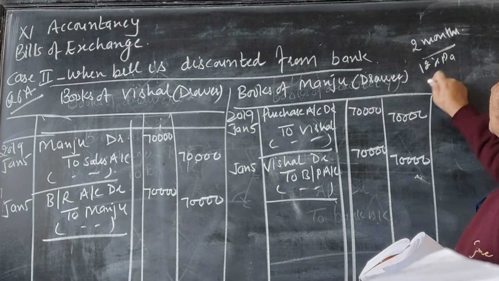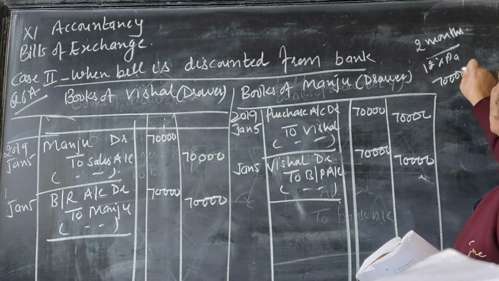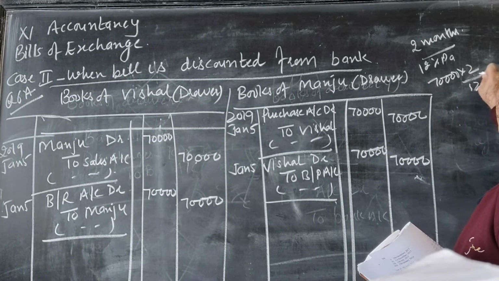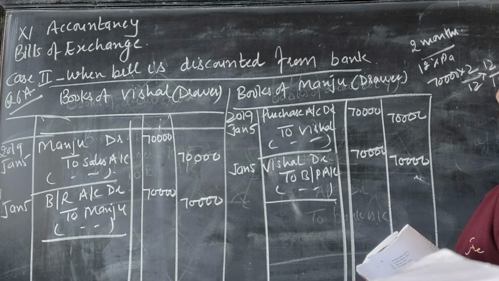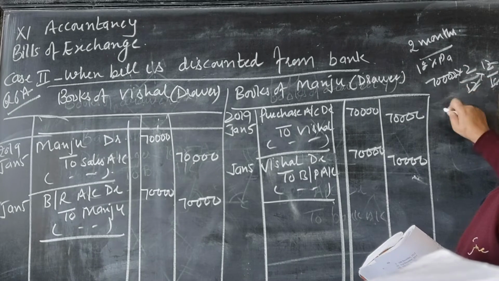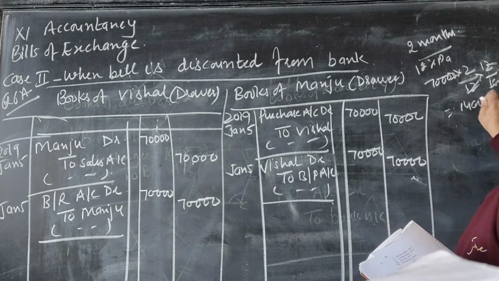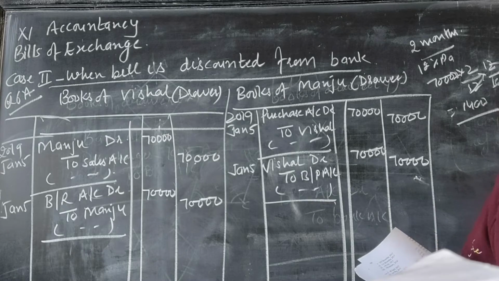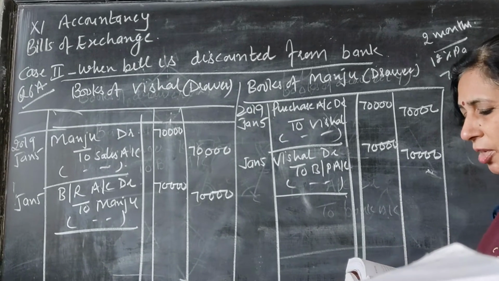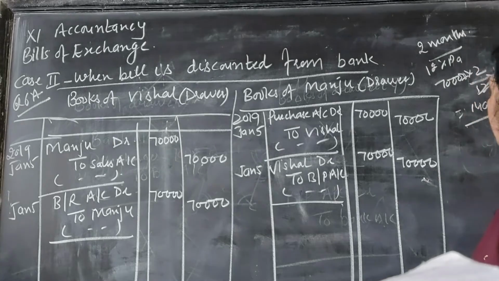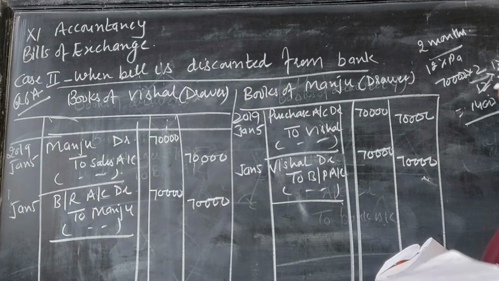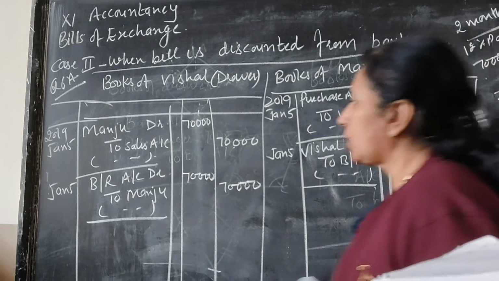Calculate the amount: the bill is 70,000, the time is 2 months and the rate is 12%. 1,400 rupees are discounting charges.